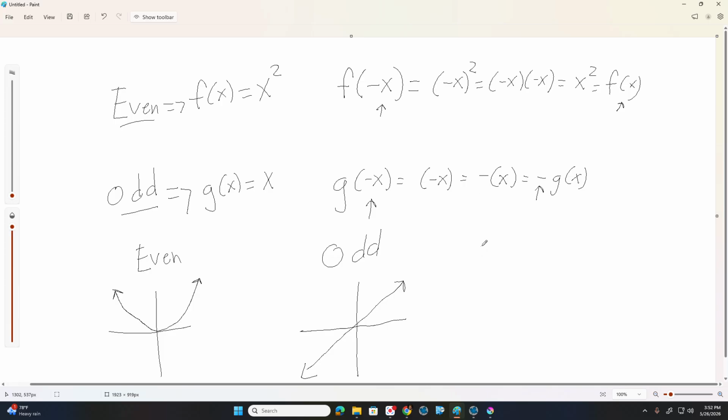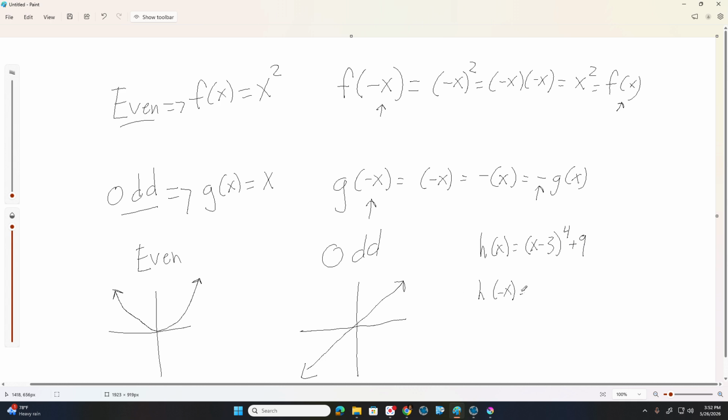So, what if we took a look at a function h that was, for example, x minus 3 to the 4th plus 9.